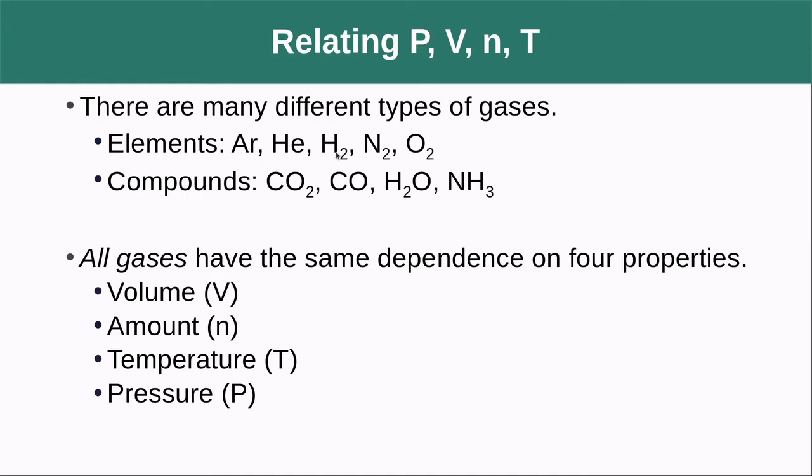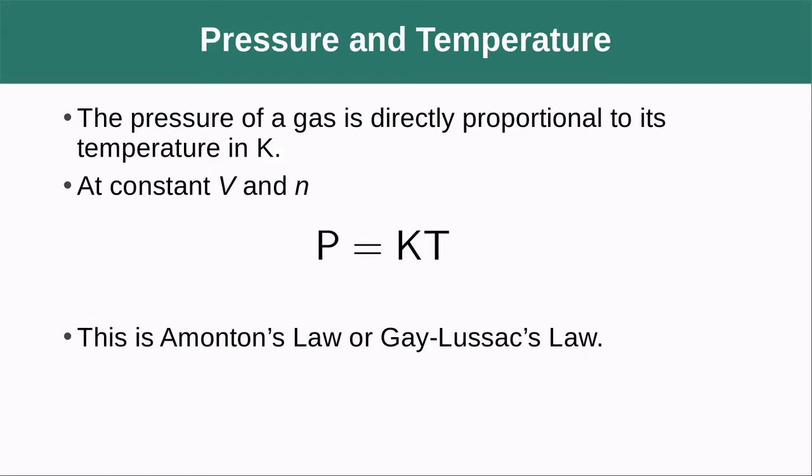They could be a diatomic element like hydrogen, nitrogen, or oxygen, or they could even be compounds like CO2, carbon monoxide, water, or ammonia. All gases, though, have the same dependence on four properties: volume, the amount, which we'll describe as n, usually the number of moles, the temperature T, and the pressure P.